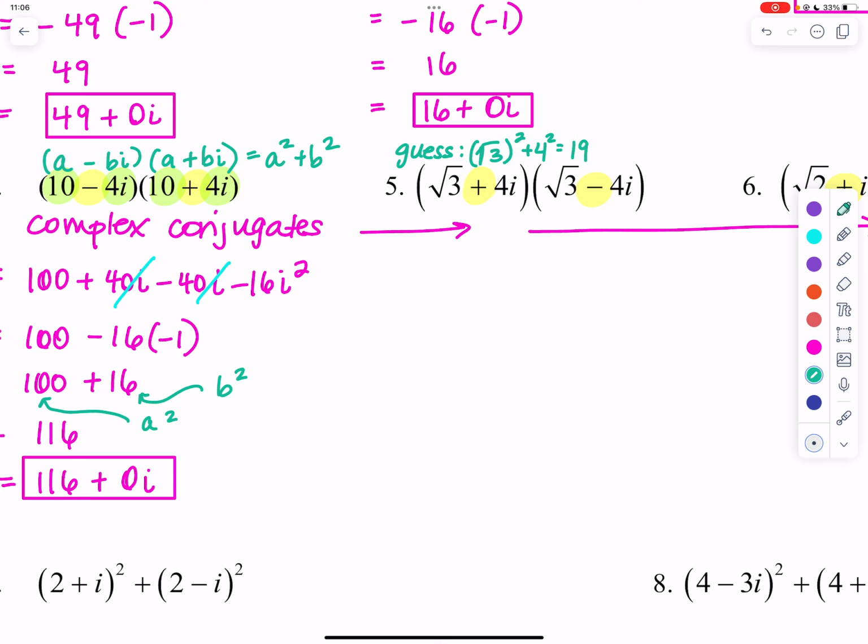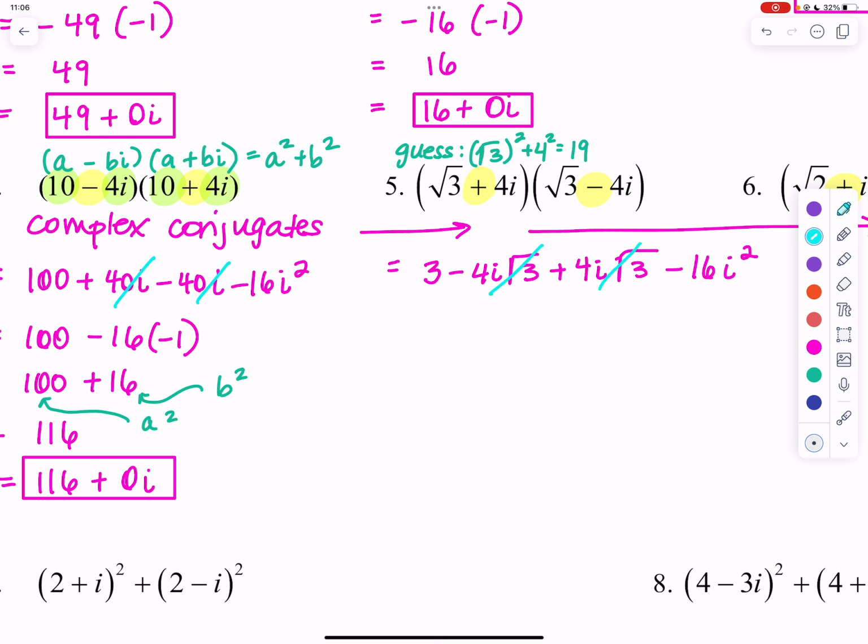Let's see if we're correct. So we have the first is the square root of 3 times the square root of 3. Outer is a minus 4i root 3. Inner is a positive 4i root 3. And last is a negative 16i squared.